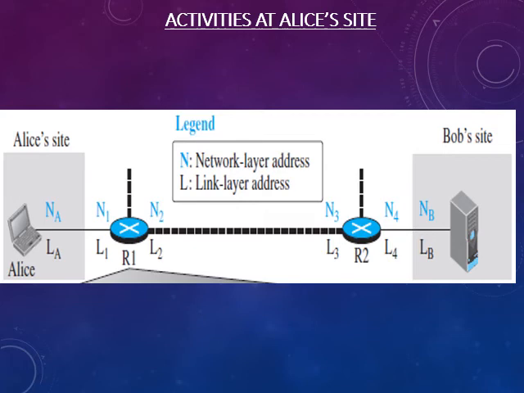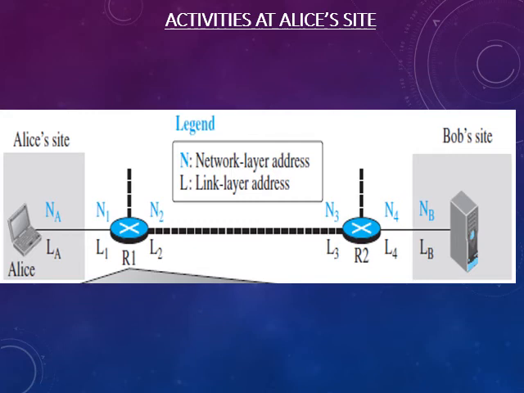The routing table gives N1, but the network layer needs to find the link layer address of the router R1. It uses ARP to find the link layer address L1. The network layer can now pass the datagram with the link layer address to the data link layer.